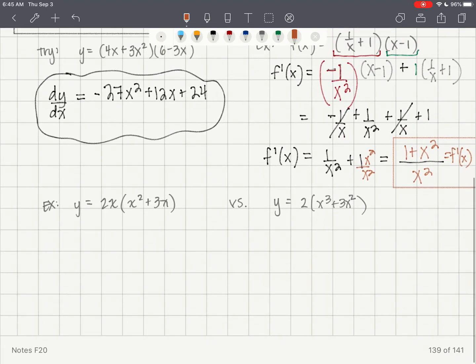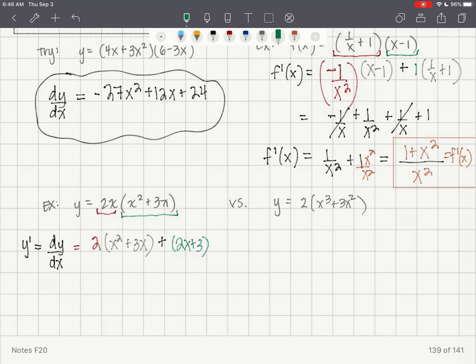Okay, let's do another. Y equals 2x times the quantity x squared plus 3x. dy dx, which some of us are already writing y prime, which is fine. The derivative of the first is 2 times the second factor, which is x squared plus 3x, plus the derivative of the second factor, which is 2x plus 3, times the first, which is 2x.